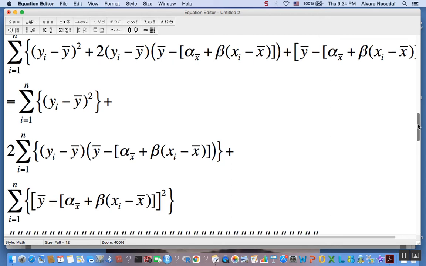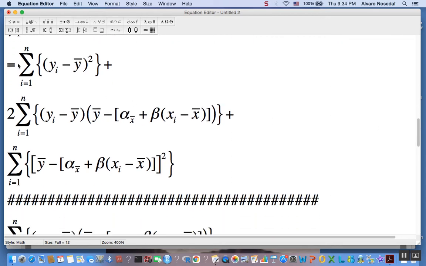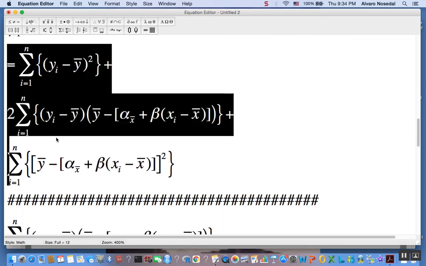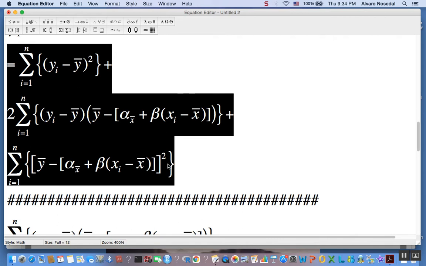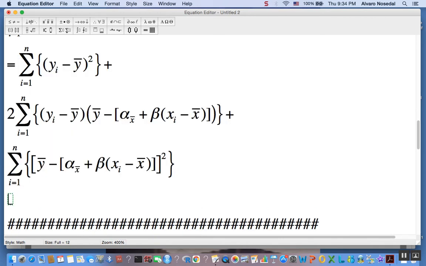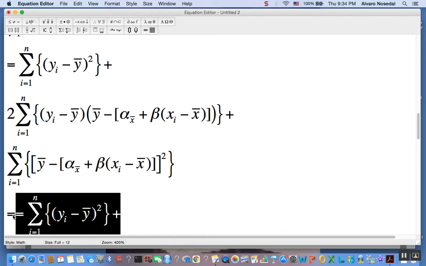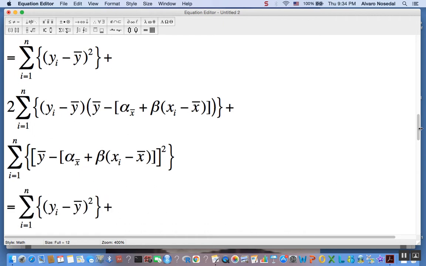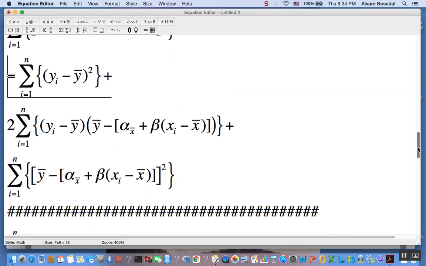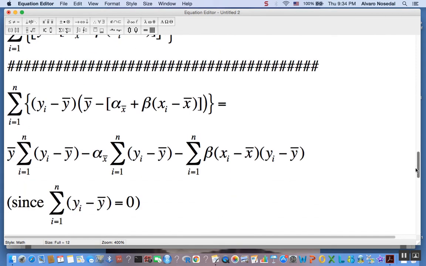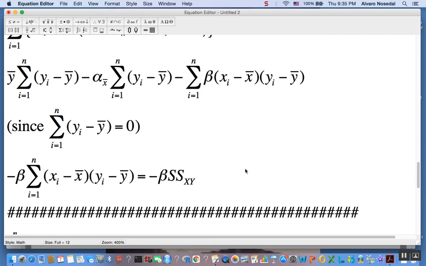Okay, so now let's simplify the expression that we have here. The first one, no problem, we're going to leave that as is, but the second one now looks so much better, right? The second one is going to be this.